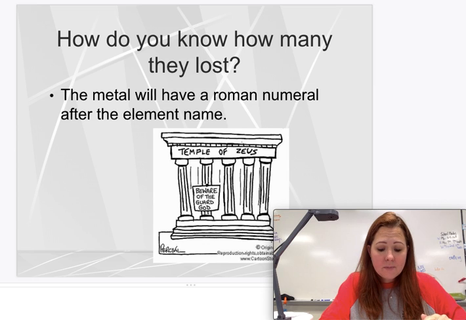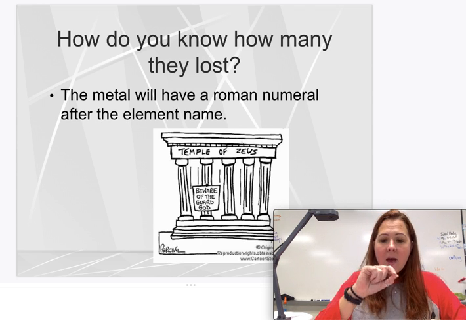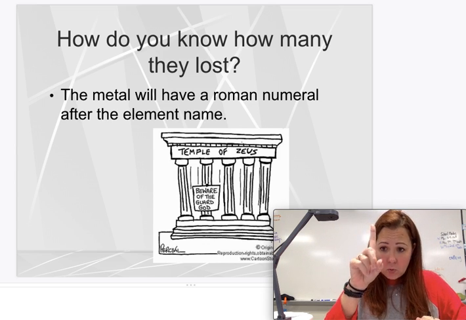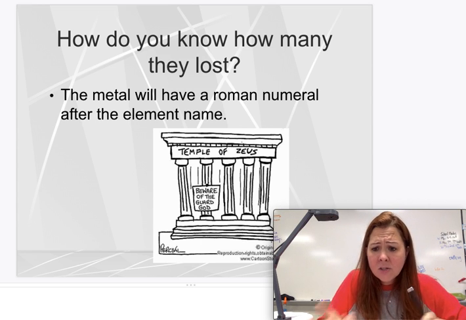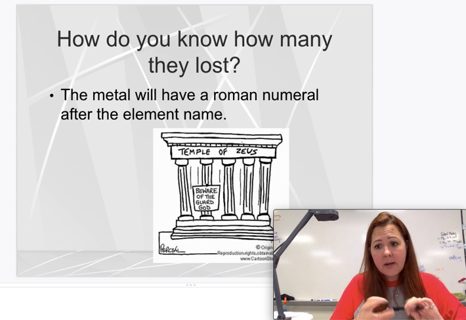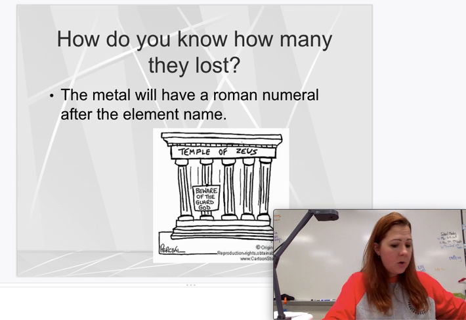So if you had something like, I don't know, titanium with a +1 charge, you would write out titanium. And then in parentheses after that, you would put down a 1 or an I in Roman numerals. And that's just saying, hey, titanium lost 1 electron in this case when it bonded. So we will need to know our Roman numerals.